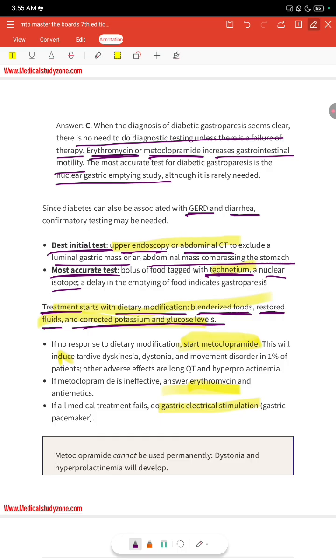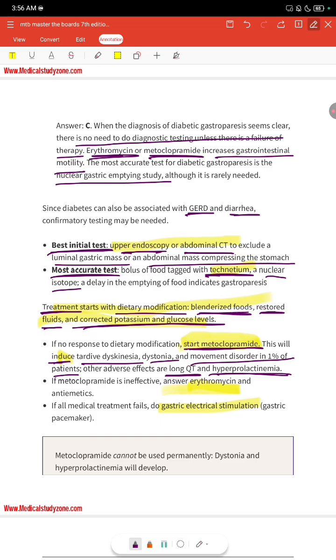If there is no response to dietary modification, start metoclopramide. This will induce tardive dyskinesia, dystonia, and movement disorder in 1% of the patients. So it is a side effect of metoclopramide, but it usually happens in only 1% of patients. Other adverse effects are long QT and hyperprolactinemia.